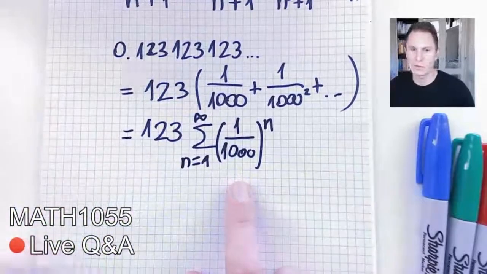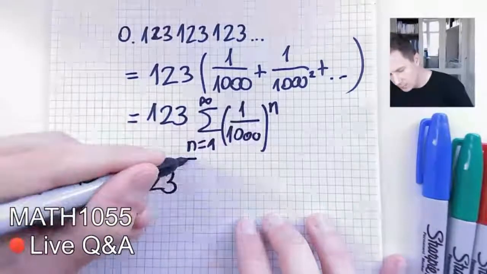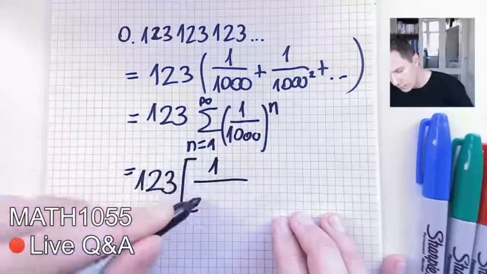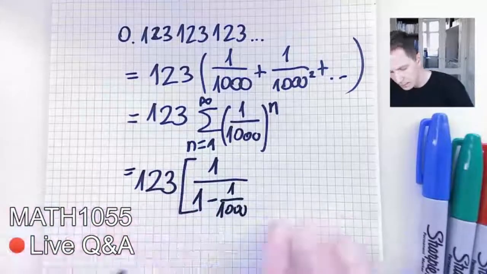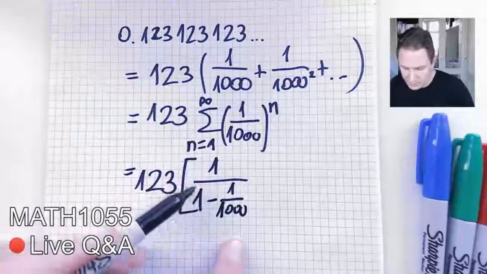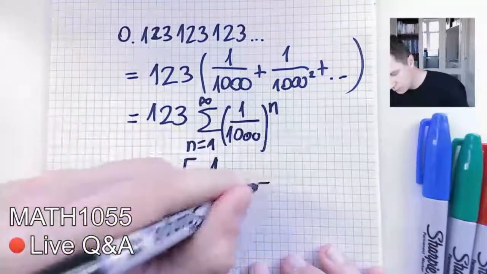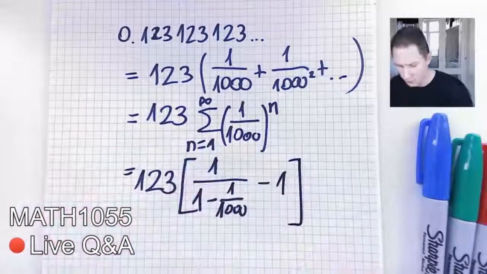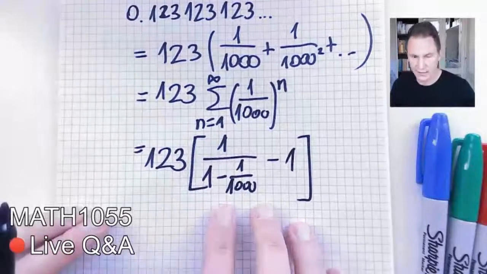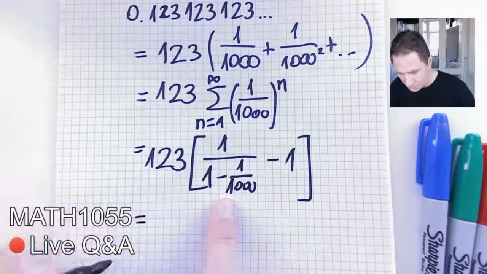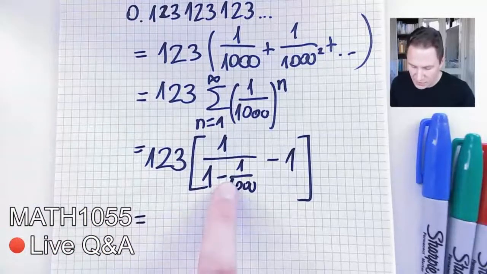So this is the geometric series that we wanted to look at. Applying the geometric series formula means that it's 1 divided by 1 minus the quotient, that's 1/1000. Of course, that would be the answer if we started at the zeroth power. So we have to subtract the first term from the full geometric series to get the correct answer. That is 999 over 1,000.